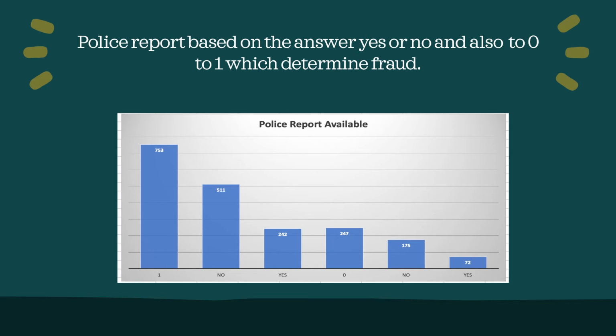On one we have 753. No, we have 511. Yes, 242. On zero, 247, and no, 175. And yes, we have 72. So it was just to try to find out if the police report availability helps to reduce fraudulent claims.